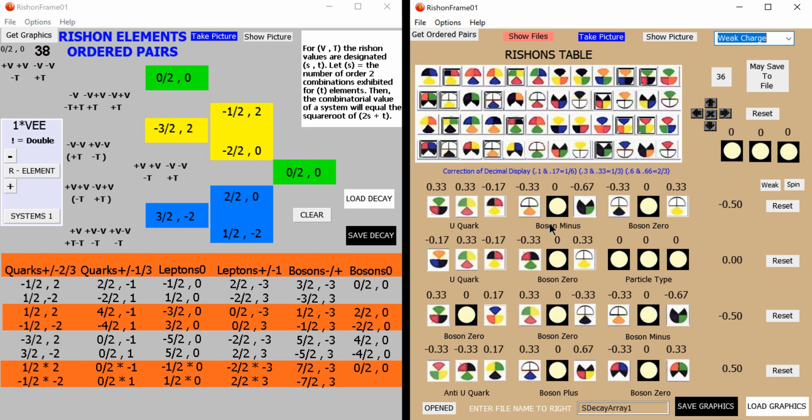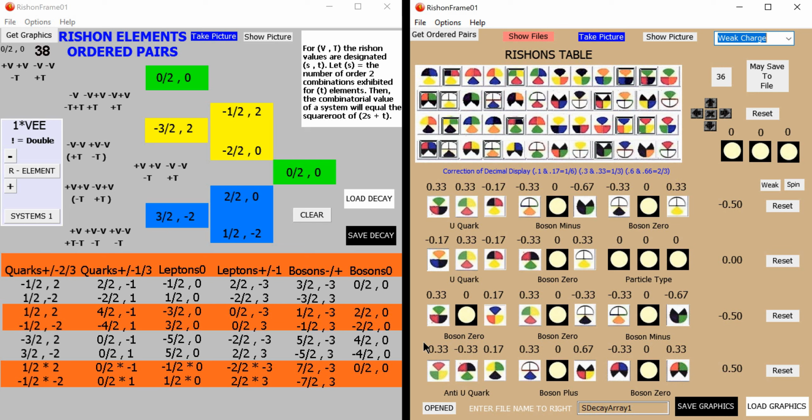But then if we look at the scalar boson minus, we'll see that we have the weak charges of -1/3 and -2/3, which gives us -1. Therefore, changing the weak charge from +1/2 to -1/2 for the left-handed S quark, which would be correct according to the standard model.